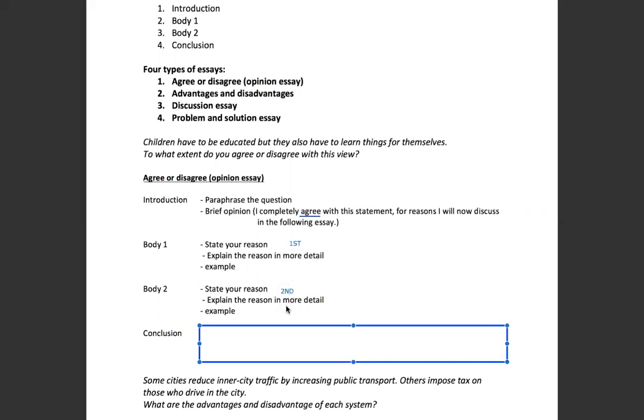Okay, you should have at least 2 reasons why you agree. So the first one, you state your reason, you explain it in a little bit more detail. So remember, you need to give reasons and then give an example, either from personal experience or from your own knowledge. Then you state your second reason, explain, give an example.